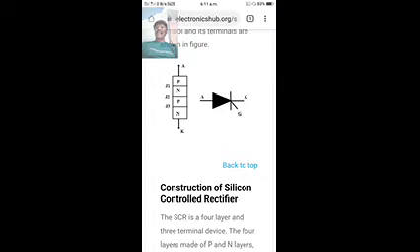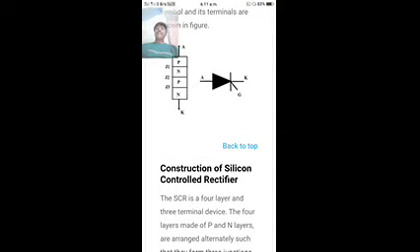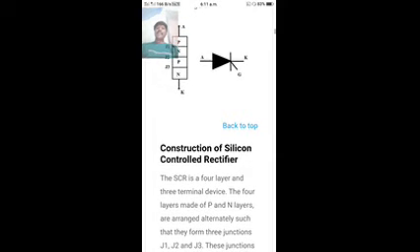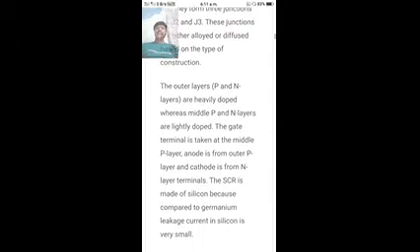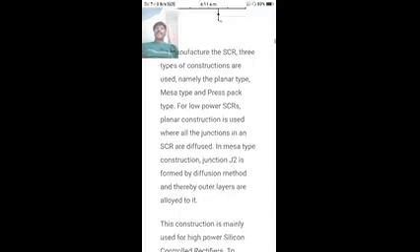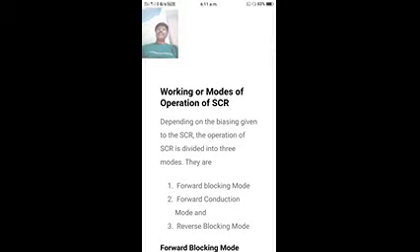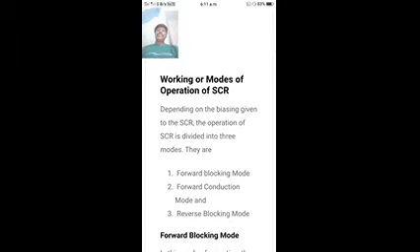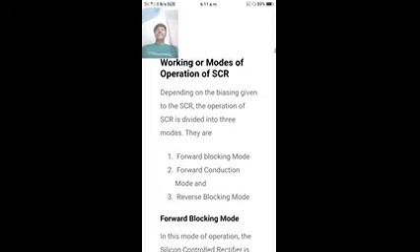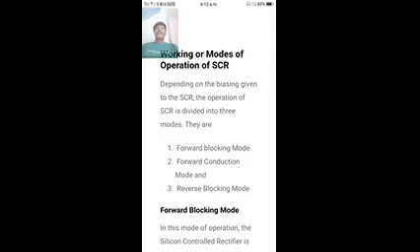So accordingly, the way we connect the voltage to the 3 terminals of the SCR, the operation of the SCR is divided into 3 modes: forward blocking mode, forward conduction mode and reverse blocking mode.